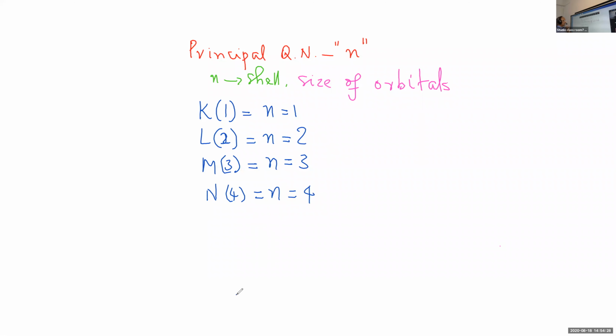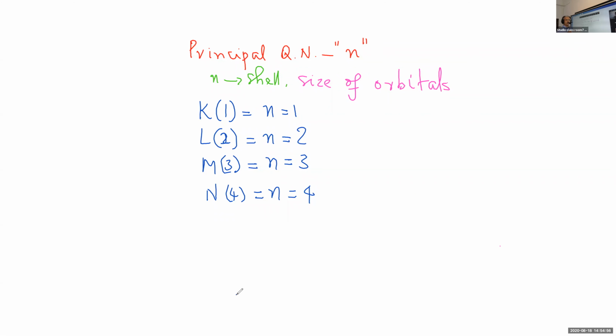So the principal quantum number n represents the shell or the orbit, and it gives an idea regarding the size of the orbitals. That means if n is equal to 1, the orbital is a smaller one. If n is equal to 2, that is a larger orbital. Then n is equal to 3, still larger orbital.